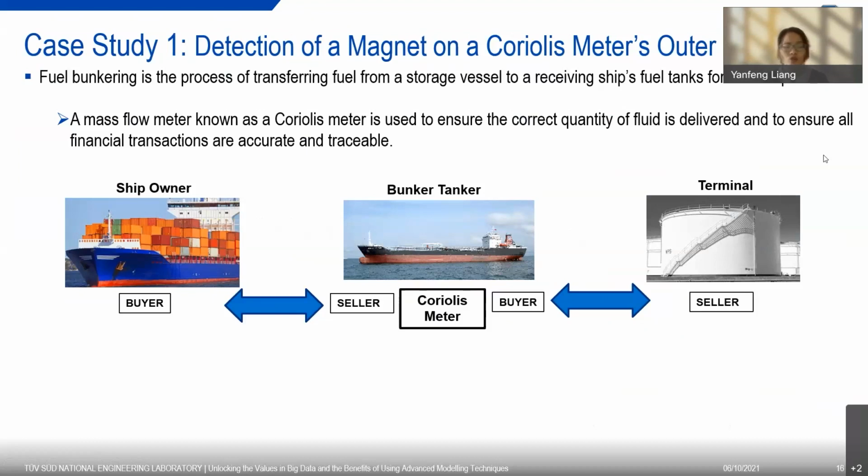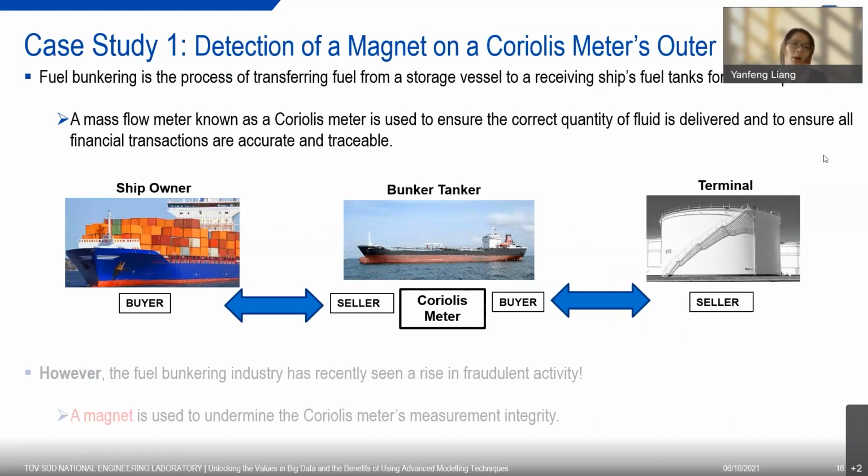You may think that's great, everything is set up, so what is there to worry about? However, the fuel bunkering industry has recently seen a rise in fraudulent activity, where perpetrators deliberately attach a magnet on the outer casing of a Coriolis meter to undermine its measurement integrity. Attaching a magnet affects multiple diagnostic variables of the Coriolis meter.